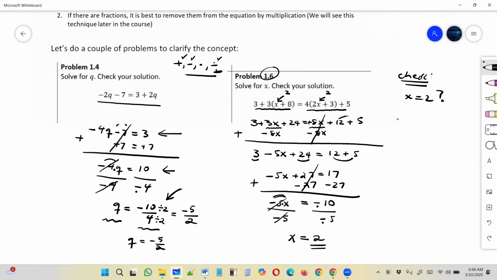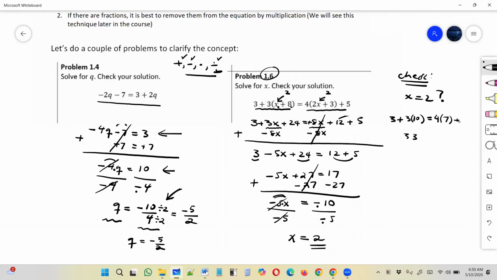Let's check. So I have 3 plus 3. Now, 2 plus 8 is 10. I'm going to write it here. So obviously this side I'm going to have 33. And let's see what's on the right side. 4. 2 times 2 is 4, plus 3, 7.